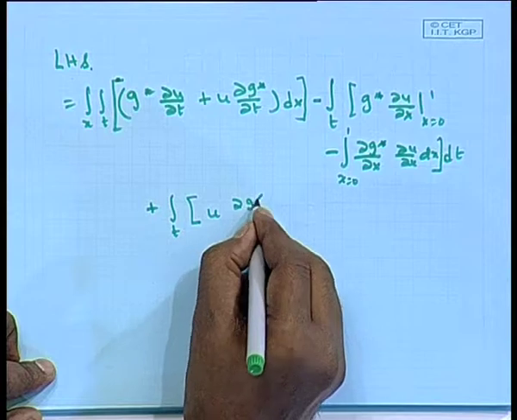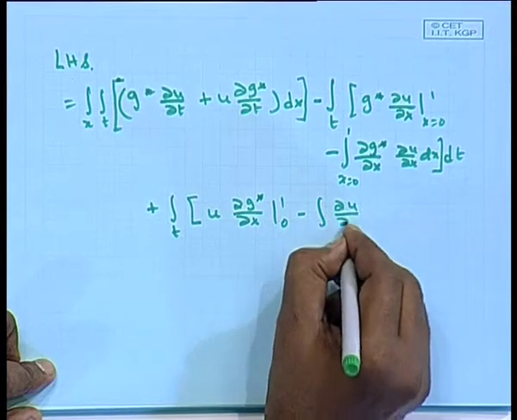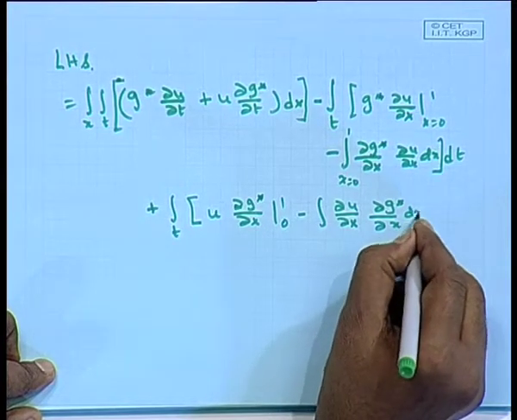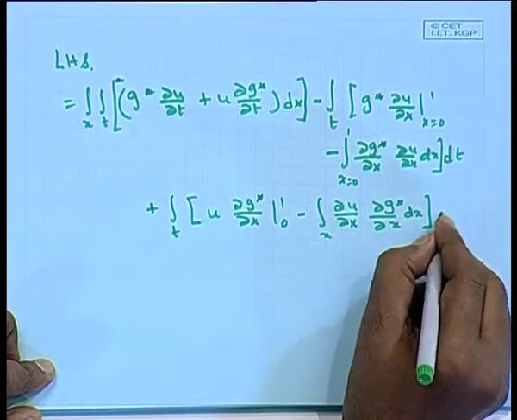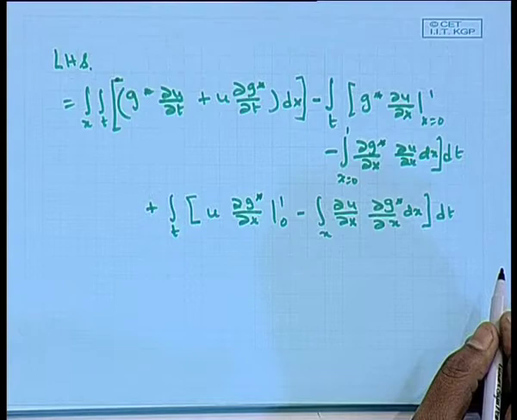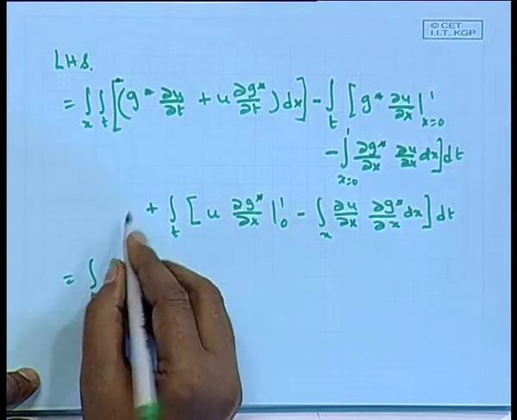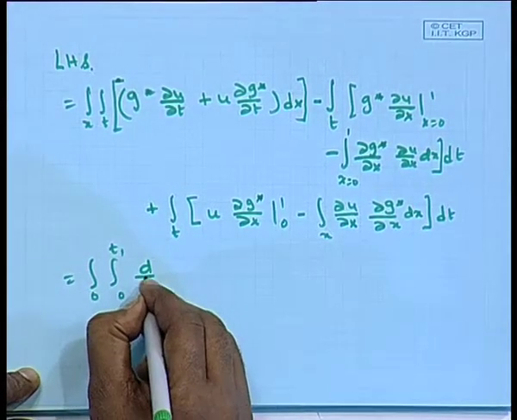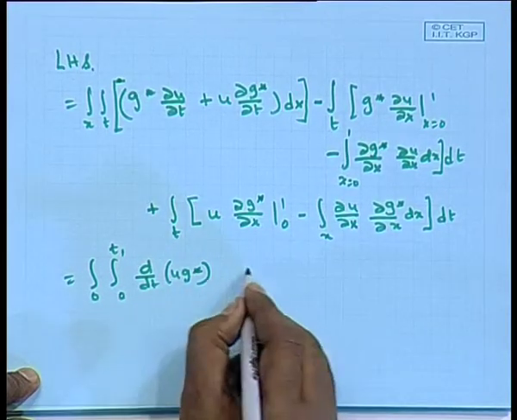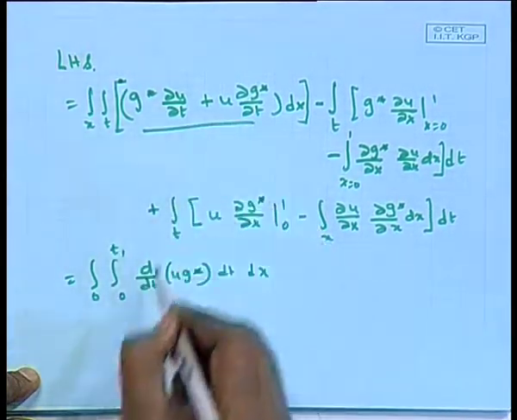First function, 0 to 1, minus integral of first function. Okay. Now, what is this? These two can be combined like this.